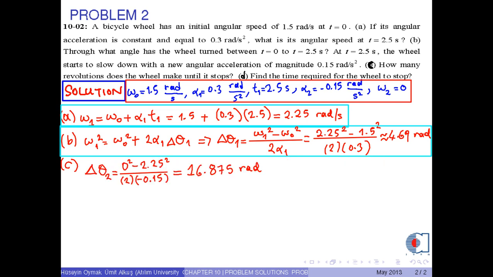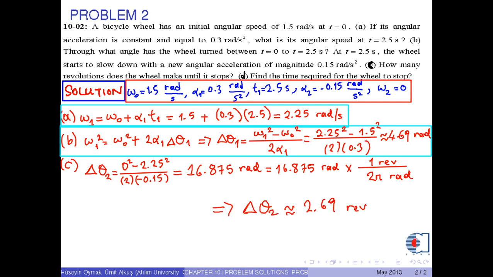And the result is 16.875 radians. However, in order to find the number of revolutions, we have to convert radians into revolutions as follows: 16.875 radians times 1 revolution over 2 pi radians, and we get approximately 2.69 revolutions.